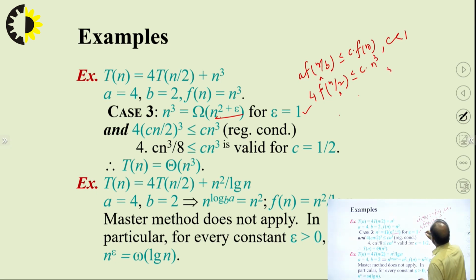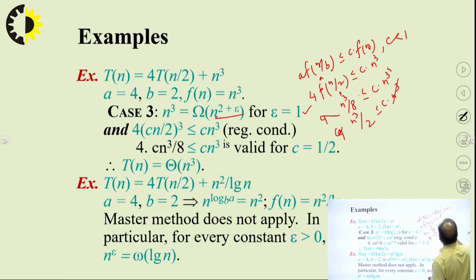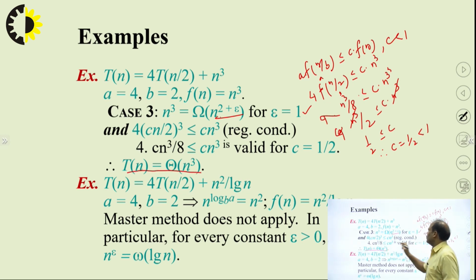So 4·(n cube by 8) is 4n cube by 8, which is n cube by 2, less than or equal to c·n cube. It will cancel out. So 1/2 is less than or equal to c. Therefore c equals 1/2, which is less than 1. That means the regularity condition is also satisfied. Hence, by master method case 3, T(n) is approximated by theta of n cube.